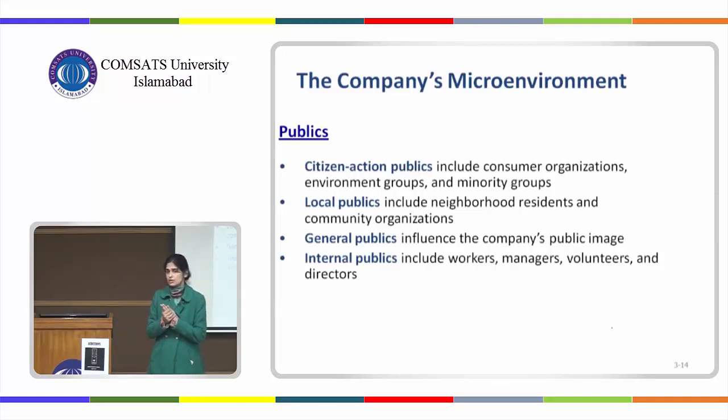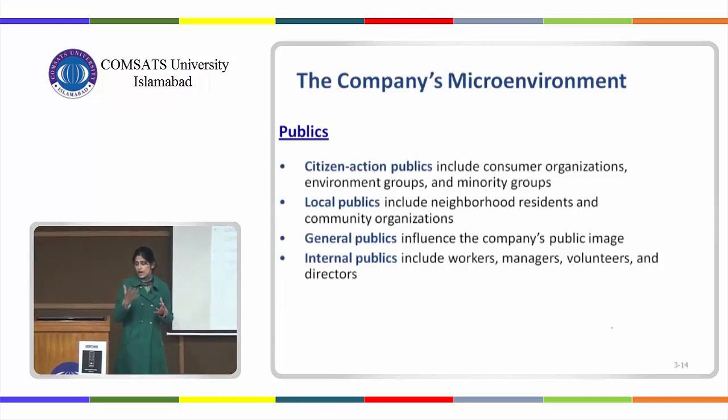So for instance, we talked about animal rights activists. Somebody who's an animal rights activist would want to protect animals, right? Somebody who is an environmentalist would want to engage with companies in a way that they use environment-friendly strategies, right? So you have citizen action publics as well that you need to deal with.